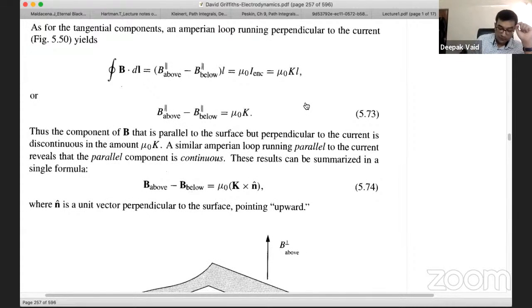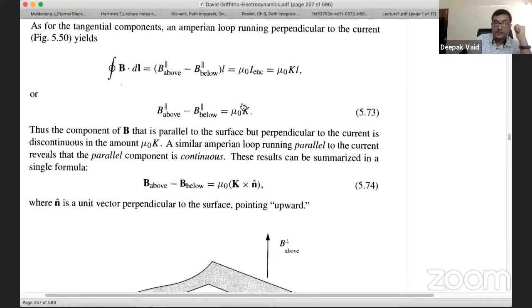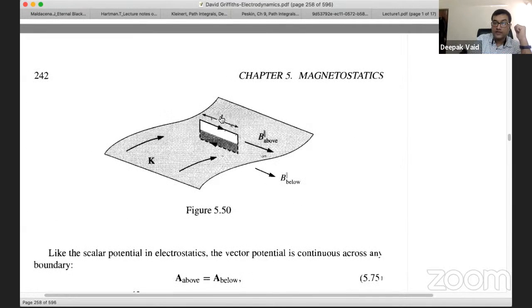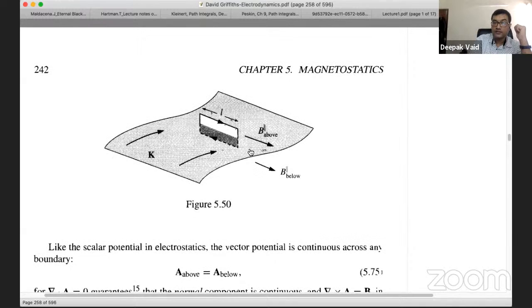What about the parallel component? We are interested in the parallel component because, like I said, current creates a field that is parallel to the sheet. So to do this, instead of looking at this flux, we should look at a closed loop like this.